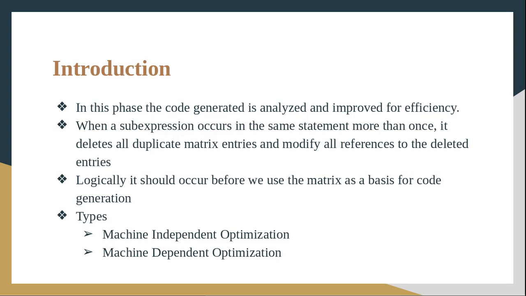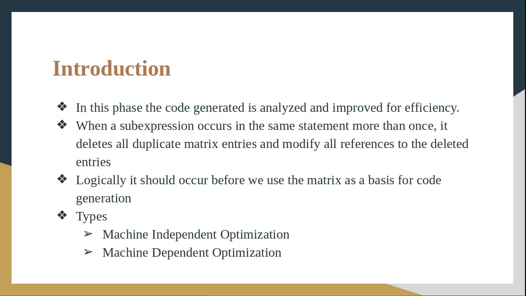That's why it is called machine dependent optimization. So machine independent optimization means optimizing the intermediate form of our source program, whereas machine dependent optimization means optimizing the target machine code of our source program.